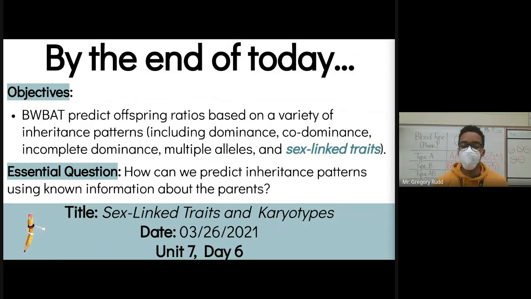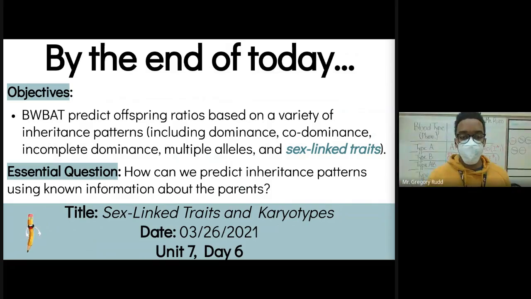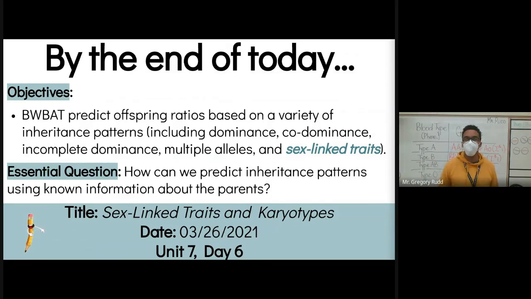Today's lesson is going to feel a little long, but I think it'll be a good thing because it is long and it's going to help the class to go by quickly. We're going to wrap up our conversation about inheritance patterns by talking about what are called sex-linked traits. And then we'll also discuss this other concept or procedure that's called a karyotype.